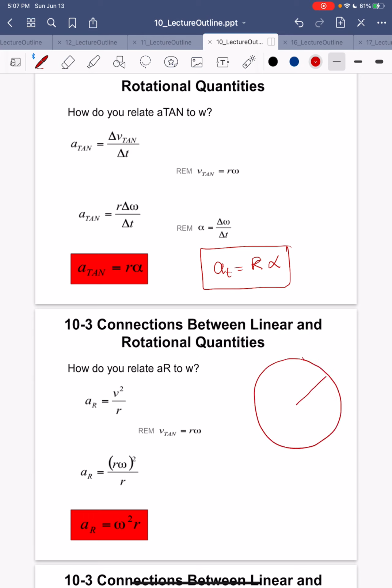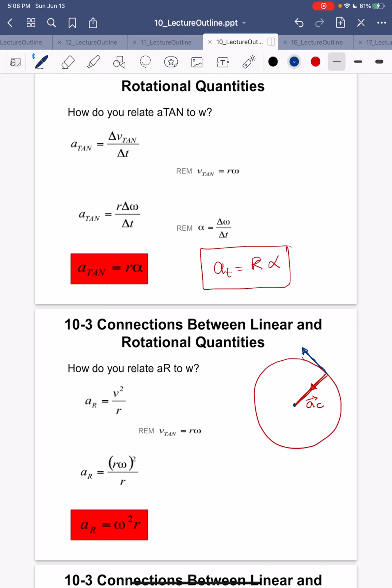We said if my object is moving in a circle, and the velocity is not only changing direction but also changing magnitude, then I'm going to have two components for the acceleration. This one we call centripetal acceleration or radial acceleration, and there is another acceleration, which might be in this direction or the opposite direction.